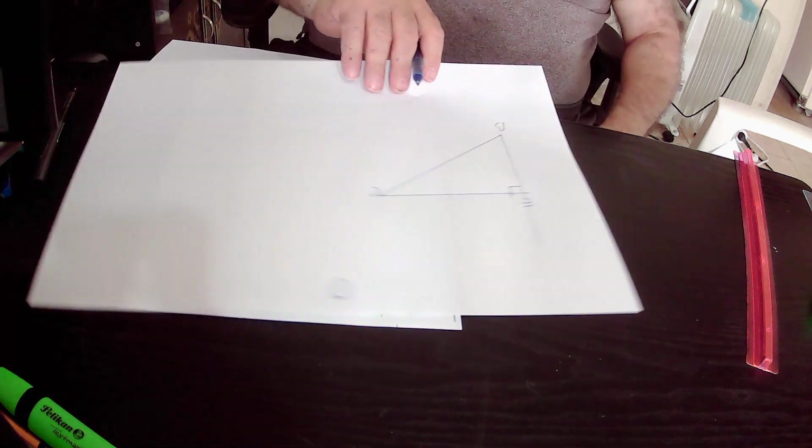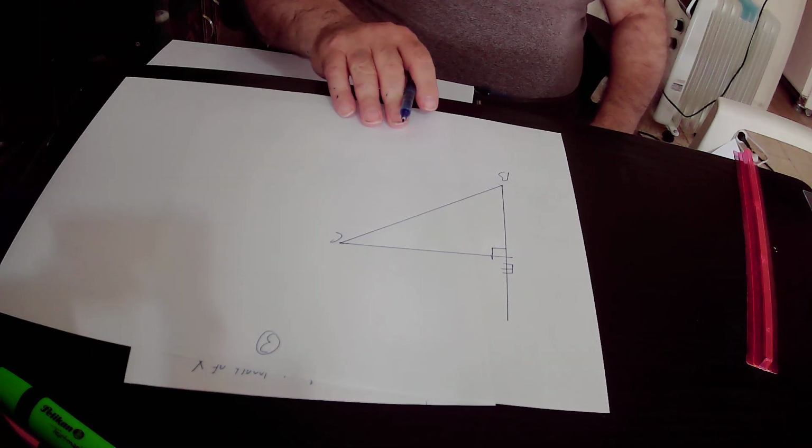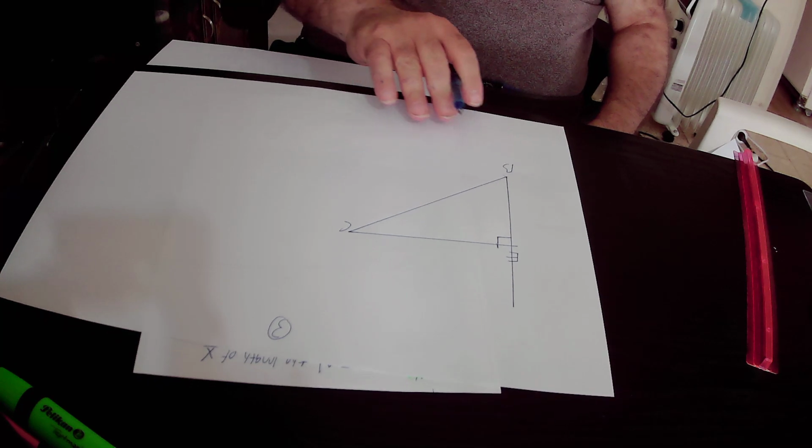So actually this is the right triangle, triangle ABC, that is copied from the original drawing.